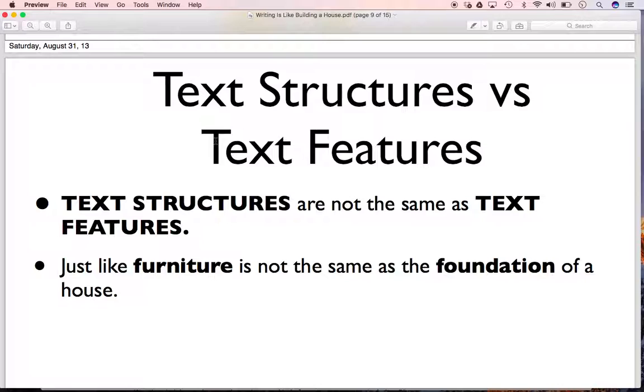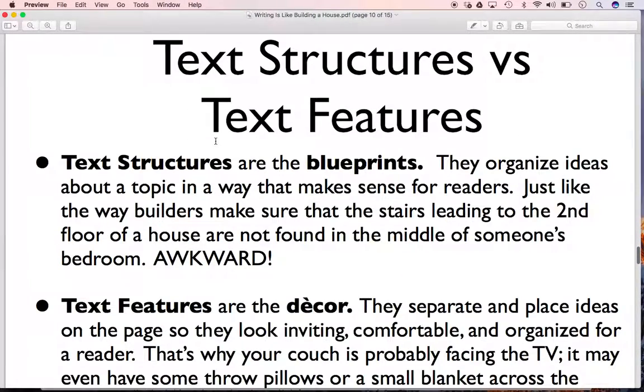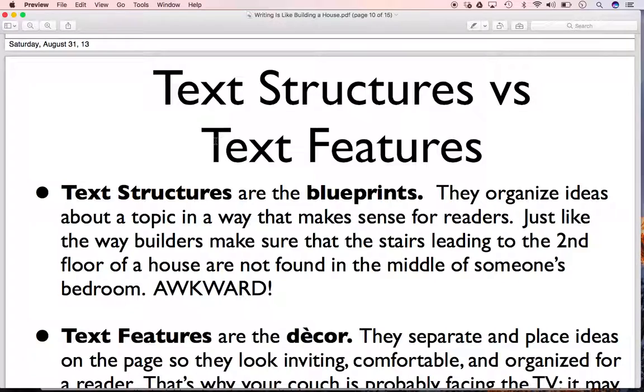Like I was implying, text structures are not the same as text features, just like furniture is not the same as foundation. Text structures are the blueprints. They organize ideas about a topic in a way that makes sense for readers, just like the way builders make sure that the stairs leading to the second floor of a house are not found in the middle of someone's bedroom.